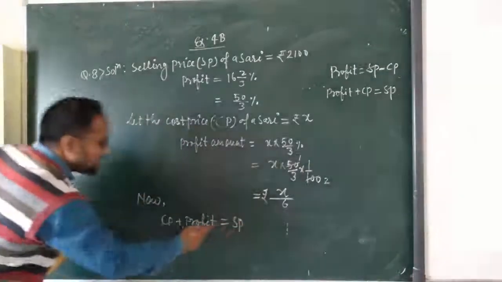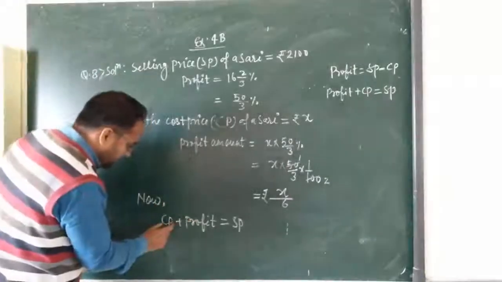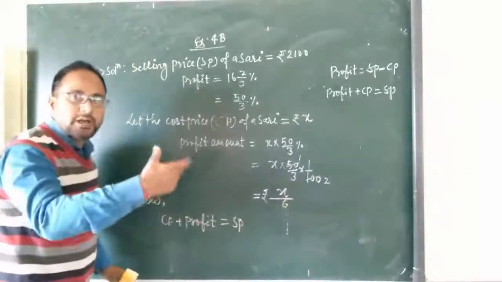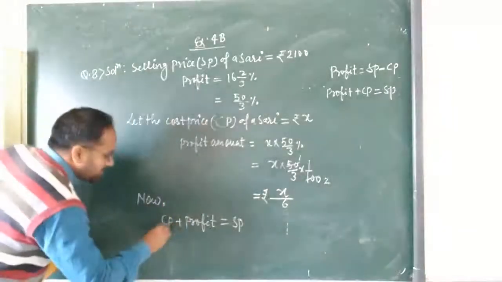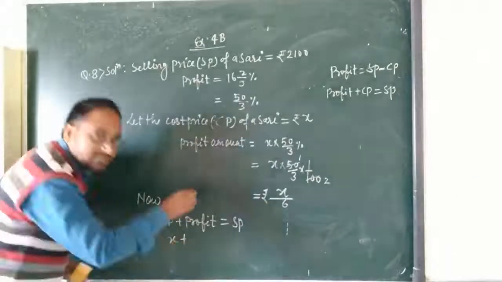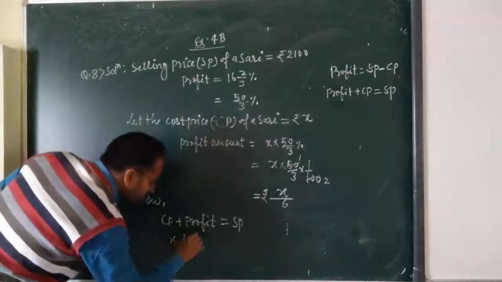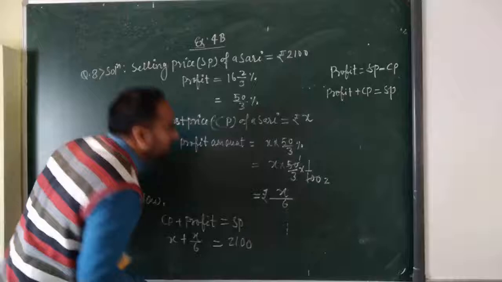We know that SP is equal to cost price plus profit, because CP is X and profit we have calculated in X. So we will write here CP is X, plus profit is X by 6, is equal to, and SP is given as 2,100.